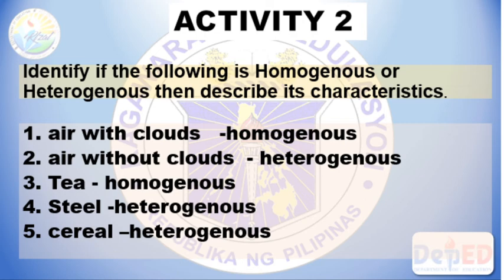Air without clouds is homogeneous. Number 3, homogeneous. Number 4, still heterogeneous. Number 5, cereal, heterogeneous. Once again, air with clouds is heterogeneous. Air without clouds is a homogeneous mixture. Alright?